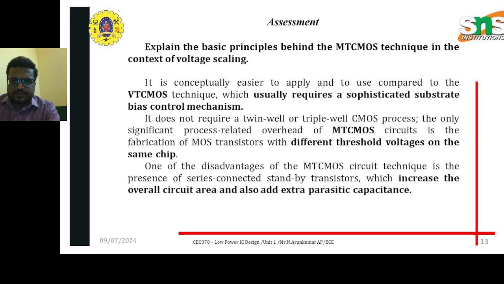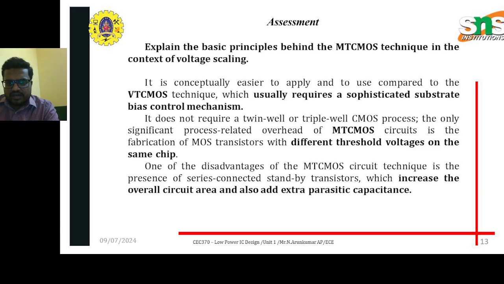Explain the basic principles behind the MT CMOS techniques in the context of voltage scaling, because multi-threshold CMOS is a technique which can easily identify the threshold voltage by applying an MT CMOS circuit in parallel mode, because it eliminates the many threshold voltages by using parallel processing connections.